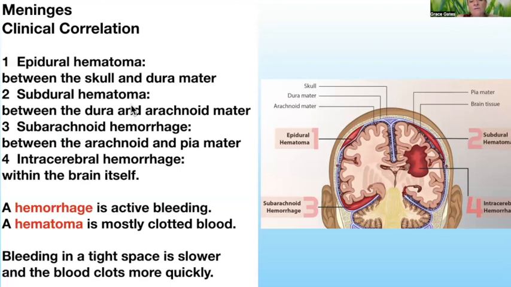So if bleeding occurs in that space, you get a subarachnoid hemorrhage with active bleeding. And then if you have an intracerebral hemorrhage, the brain is quite soft, and bleeding can really extend for quite a bit within the brain without any tissues constricting it and causing it to clot and causing the bleeding to stop.